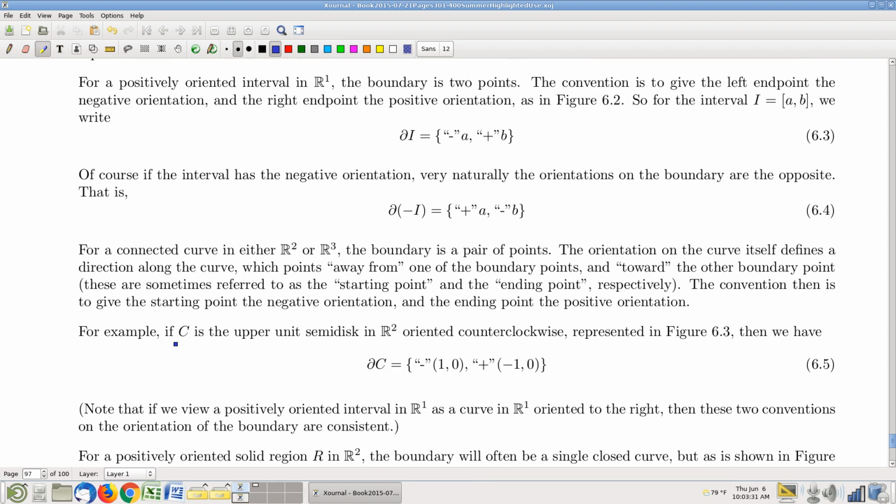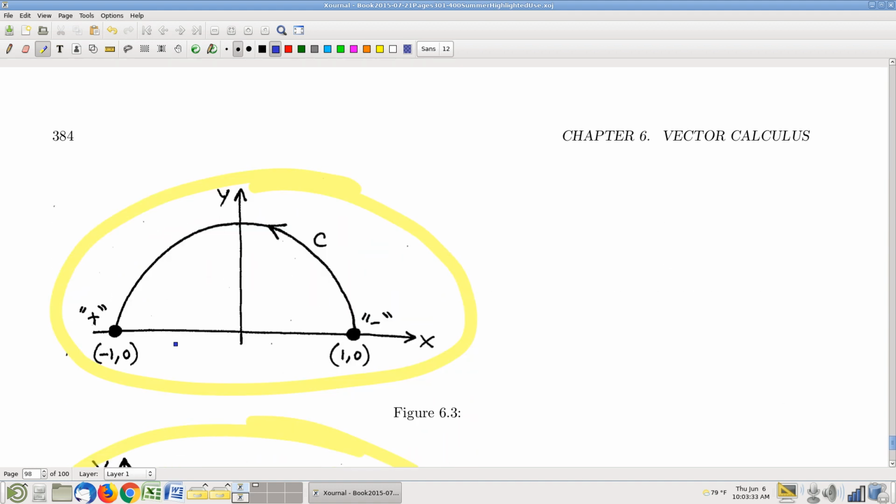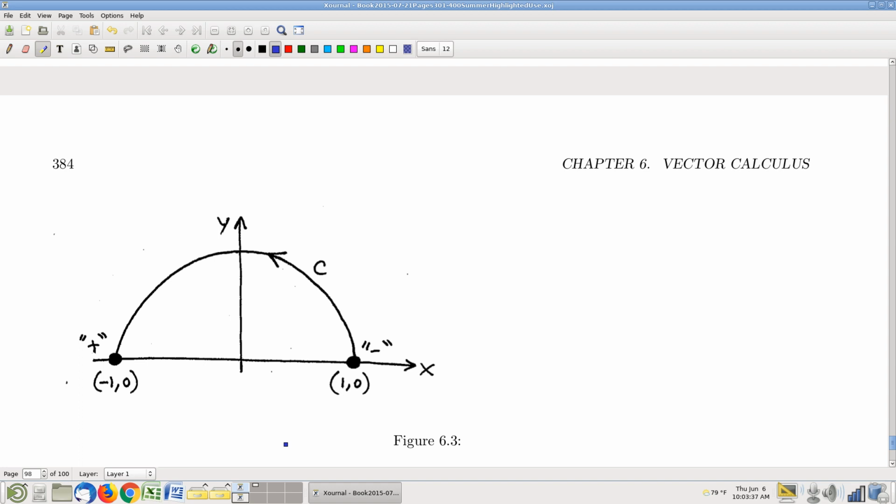And here we go. Suppose you have a curve. I'm just going to draw a curve in 2 dimensions, but it's the same in 3 dimensions. Curves, again, have orientations. So there's a curve, an oriented curve. And I want to know what is the oriented boundary of this curve. Well, here's the choice.